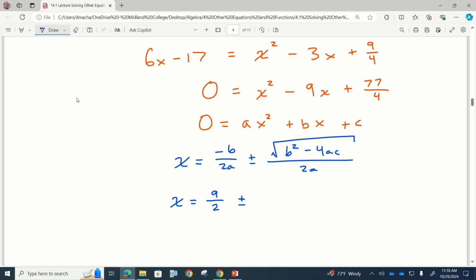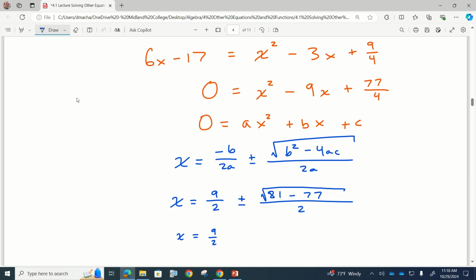B squared would be negative 9 squared, which is 81, minus 4 times 1 times 77 over 4, which is 77. 81 minus 77 is 4.